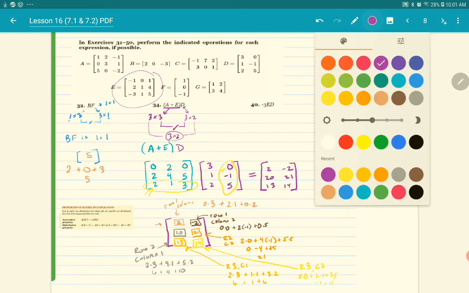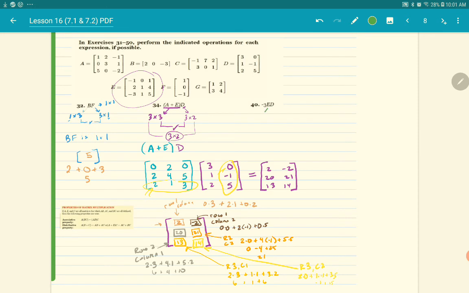I need a new color for this guy. So E is a 3 by 3. And D is a 3 by 2. Those insides match, so that is defined, and my product will be a 3 by 2.